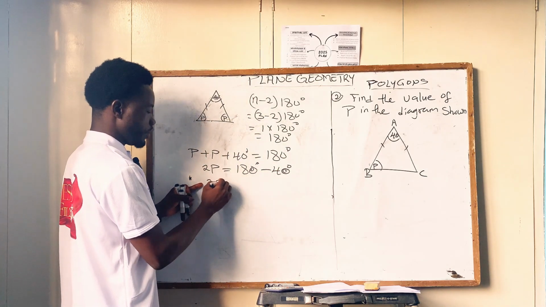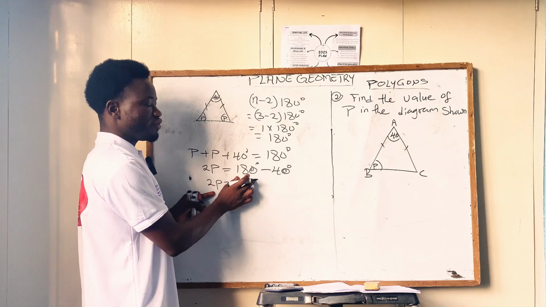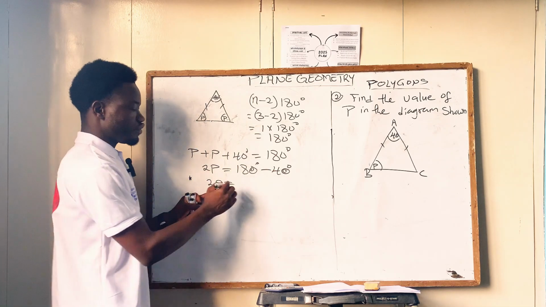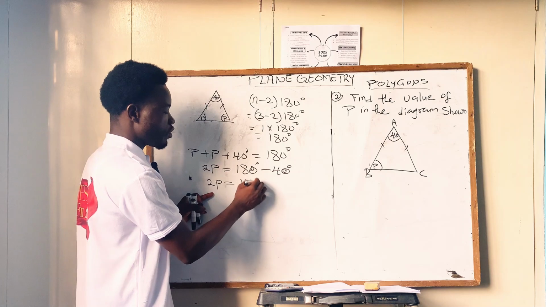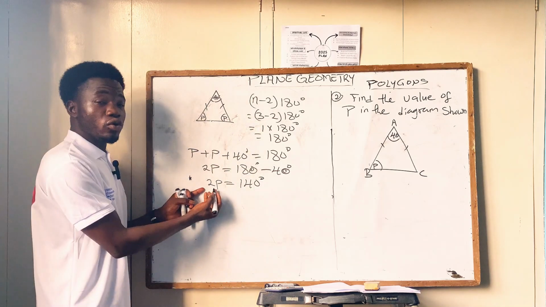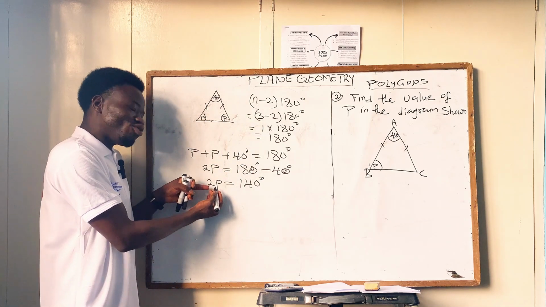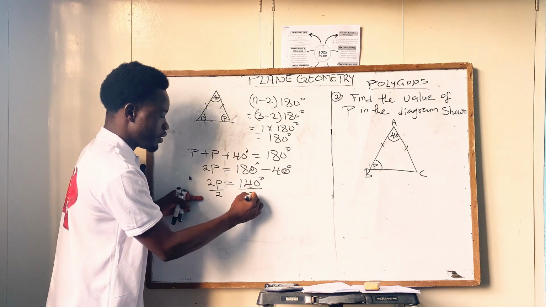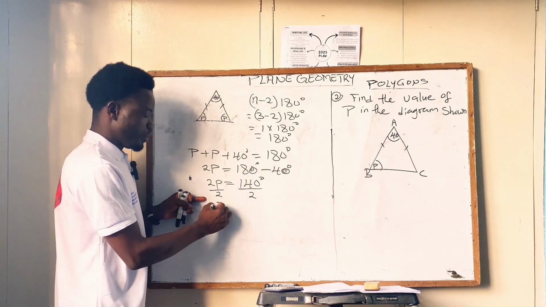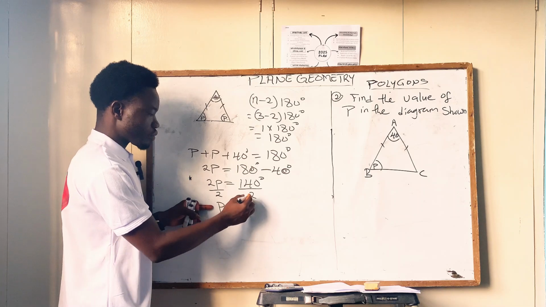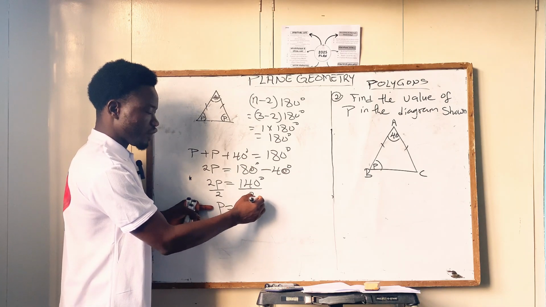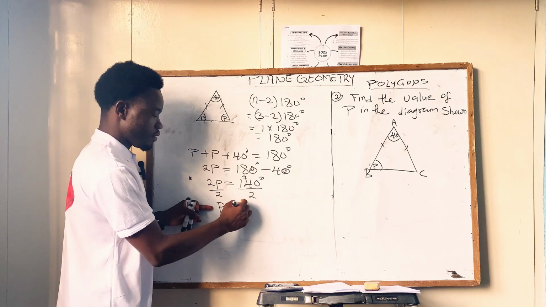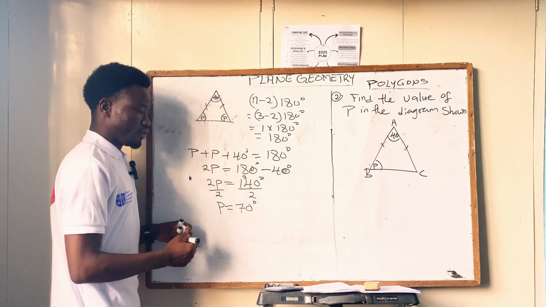So 2p is equal to 180 degrees minus 40 degrees, which is going to be 140 degrees. Because I'm looking for p, I'm going to divide through by what? The 2. So we divide here by 2 and divide here by 2. And my p is equal to, so 2 into this side will give me 1, and 2 into that will give me 7. So we have 70 degrees.